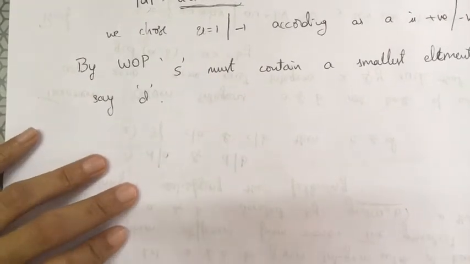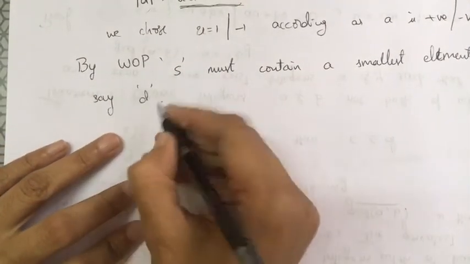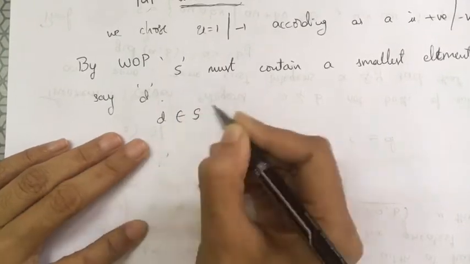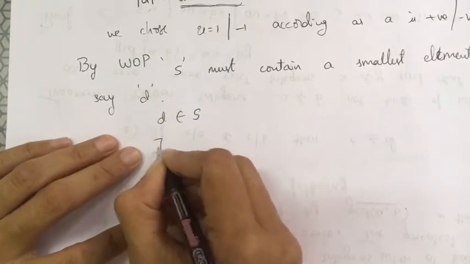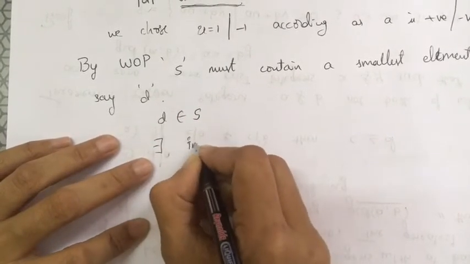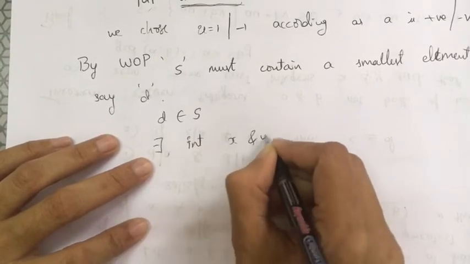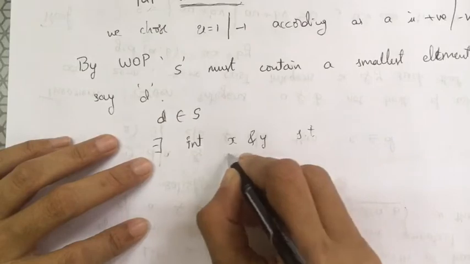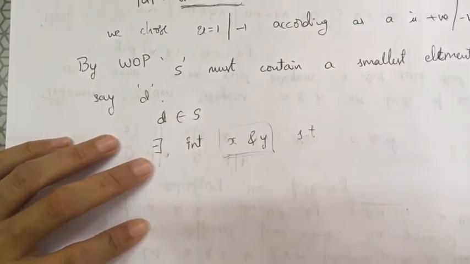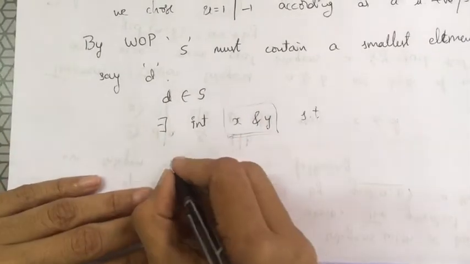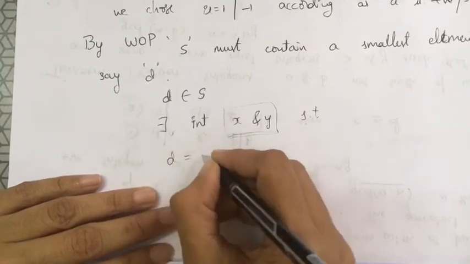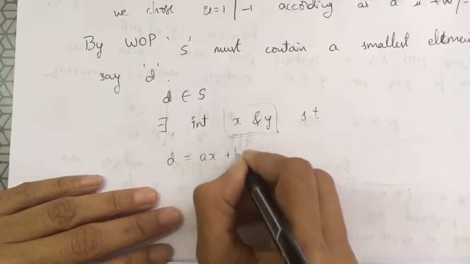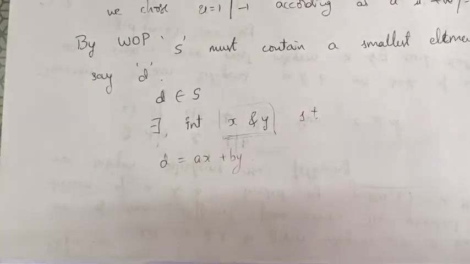Thus, there exists an integer. When this D belongs to S, then there exist some integers, say x and y, such that this D can be written as a linear combination. So let me write D as ax plus by.